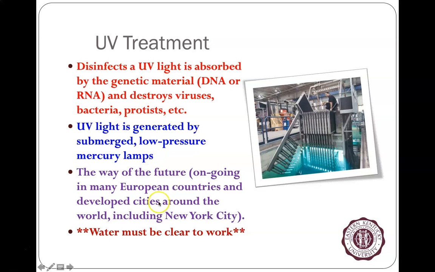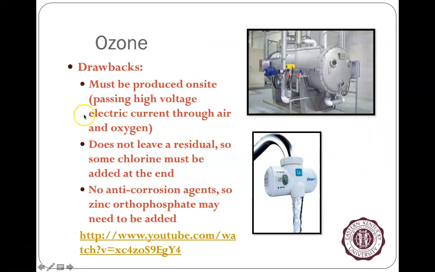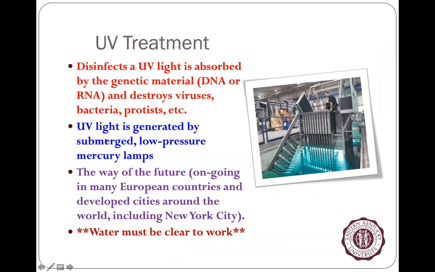And some people believe that these are the way of the future, and they're used all around the world, but we need the water to be very clear before it interacts with it. And again, like ozone, UV does not leave a residual, so we still have to add a little bit of chlorine at the end. And these do require a good bit of power, and we do use them currently even in Richmond at the Otter Creek wastewater plant.